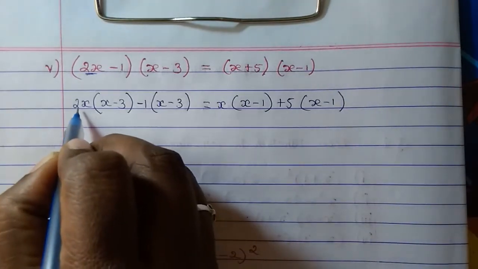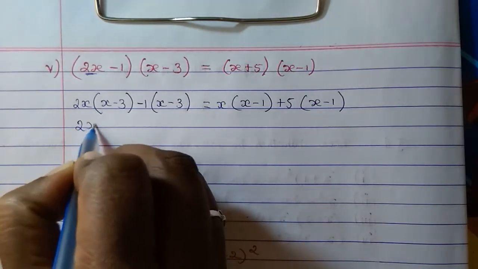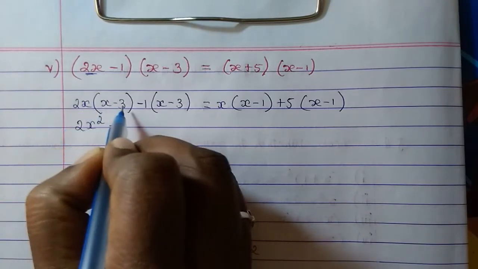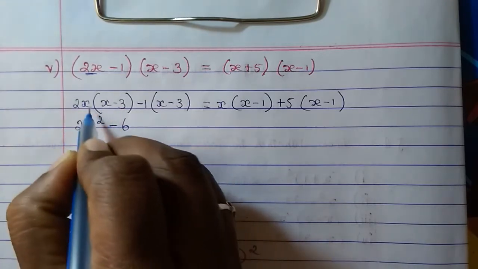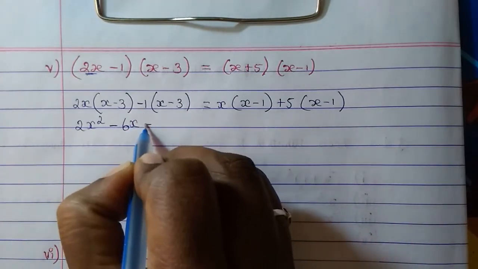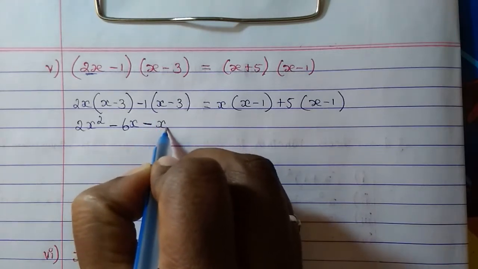Okay, now 2x into x, when we multiply, here 1 is there. So 2x into x will give us x square. Minus is here, so 2 into 3 will give us 6, x is left, so 6x. Now here -1, so minus 1 into x when we multiply will get x.